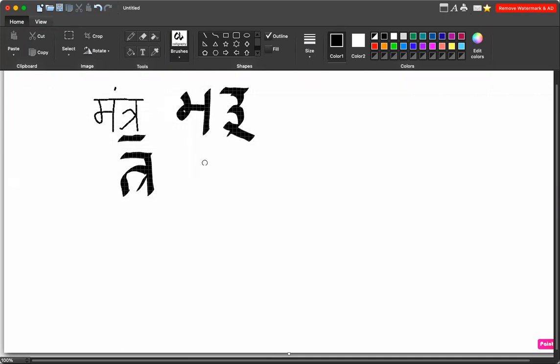That is why if you go back to your previous notes of conjuncts from when we did the Varnmala, you will see these three conjuncts: tra, ksha, and gya.